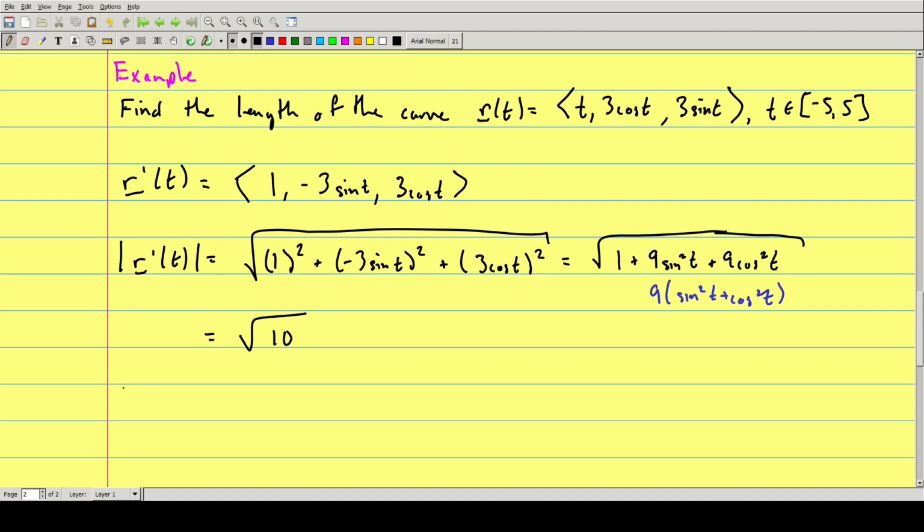So we have the square root of 10, and now what we want to do is look at the value of the integral from negative 5 to 5 of the square root of 10 dt. They're not always going to be this easy to integrate, but I wanted to put into practice what it is we're doing.